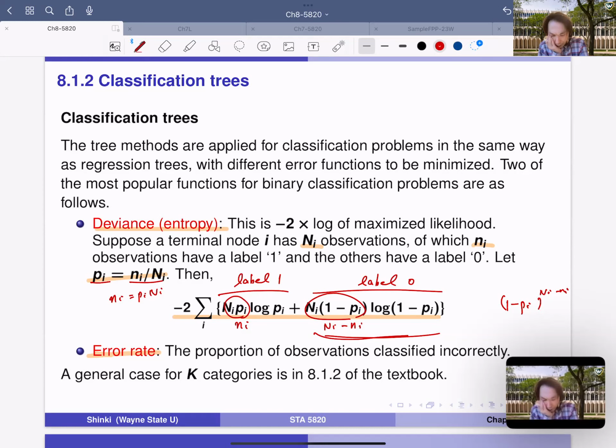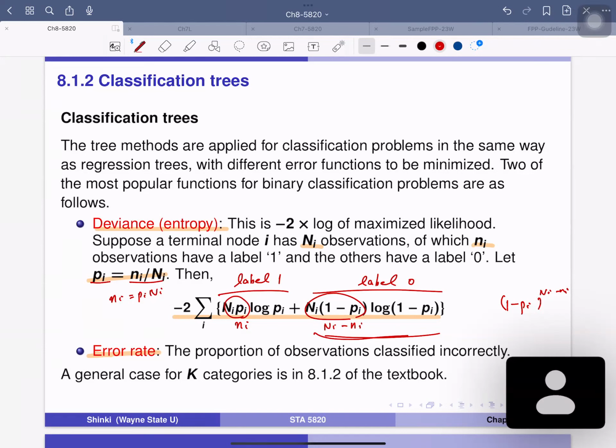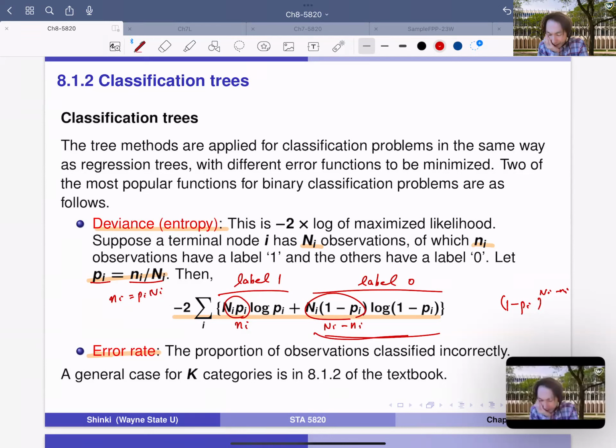Do you use deviance or error rate? Suppose that there are no outliers. Yeah, go ahead. I'm trying to think about how it would work. I know the difference, we definitely know the difference. I'm just trying to think about if it's more volume related as to which one I would choose. Yeah, I'm not sure yet.